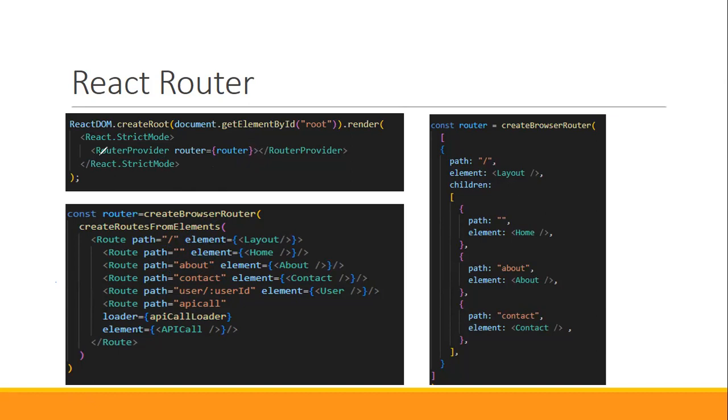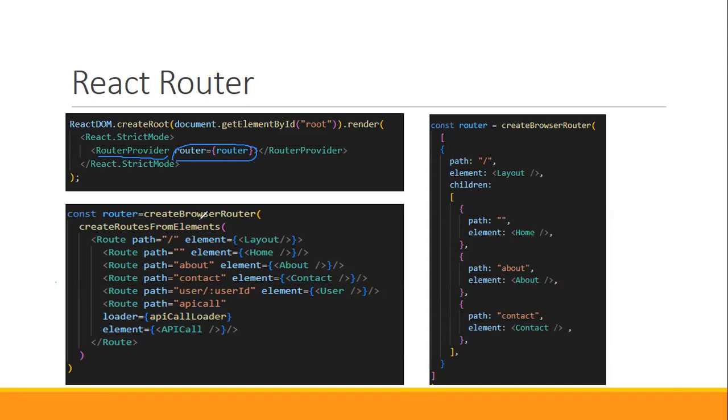After that, we have to use this RouterProvider, and import it from React Router. And then in this tag, we need to tell who is the router, which function is responsible to tell us that this particular path is related.